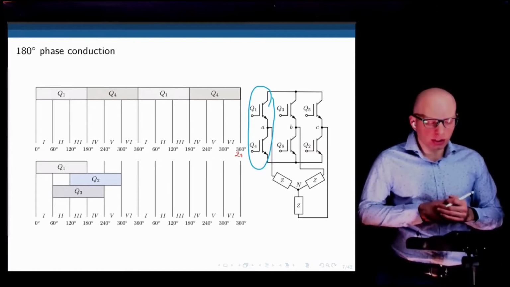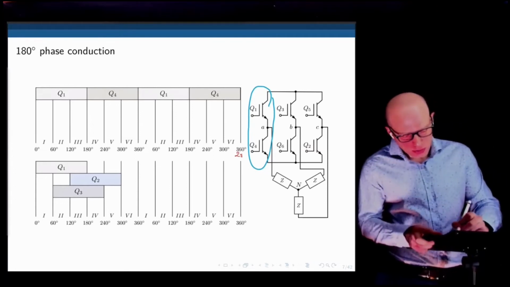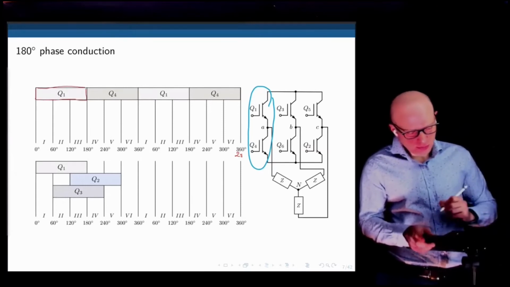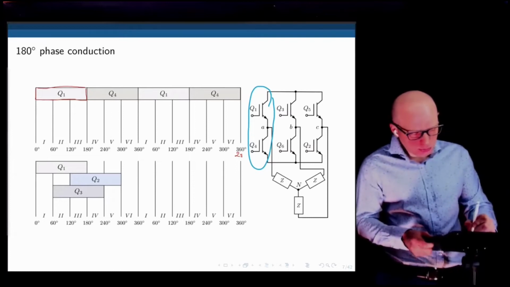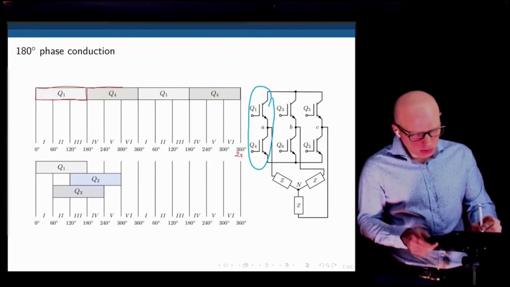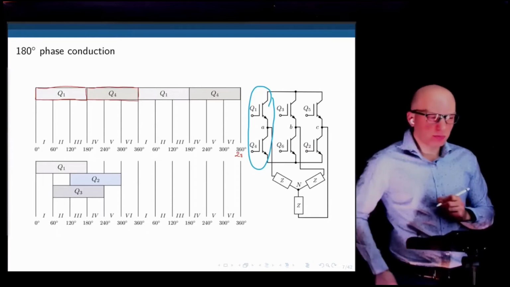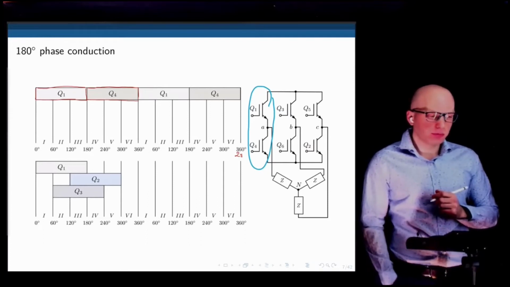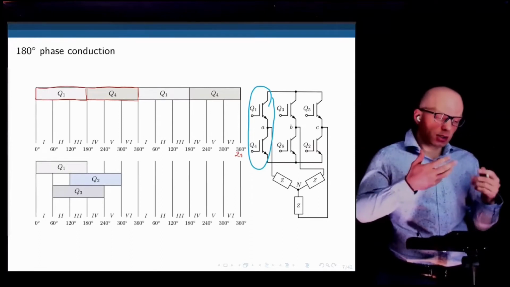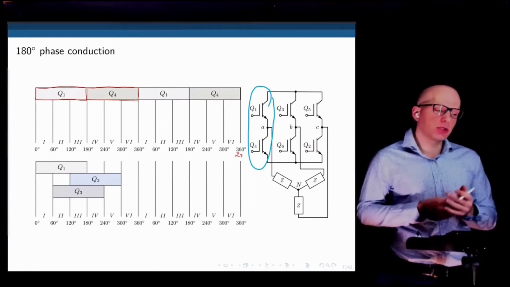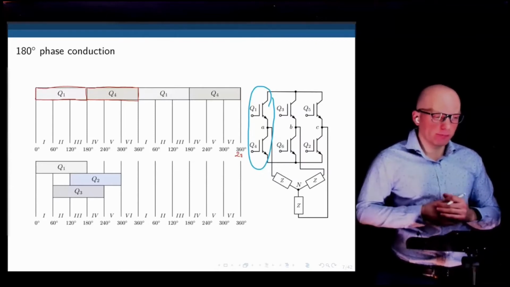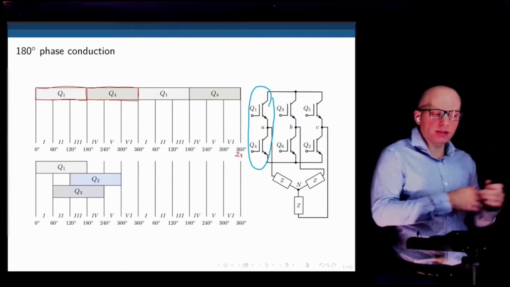Q1 will conduct from 0 to 180 degrees, and transistor Q4, the other transistor in the leg, will conduct from 180 to 360, so half of the period. When transistor Q1 conducts, it's assumed that transistor Q4 is not conducting, and when transistor Q4 conducts, transistor Q1 is off. Then you repeat this cycle on and on.